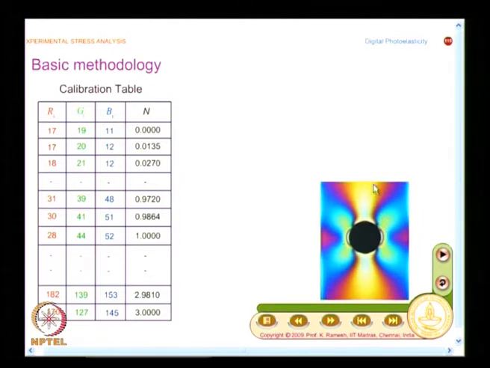You take the ratio, you get the stress concentration factor. It is as simple as that, because in many engineering problems, by processing the isochromatic data, the pertinent information can be easily obtained. I have now said how to find out stress concentration factor.